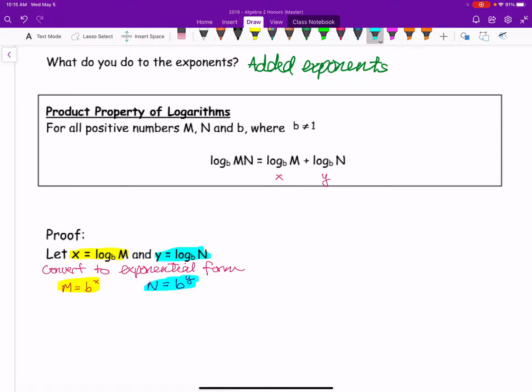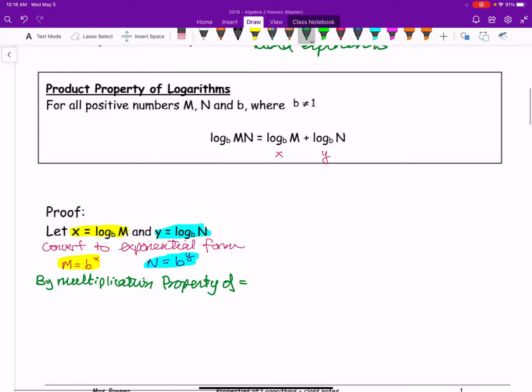Once we've done that, we're going to use the multiplication property of equality. I'm going to multiply by the same thing on both sides. It doesn't seem super obvious in the beginning, but if I take m, and I'm leaving some room here so I can multiply, and that's equal to b to the x power.